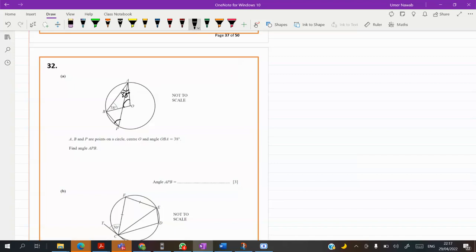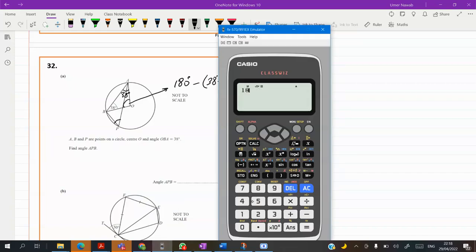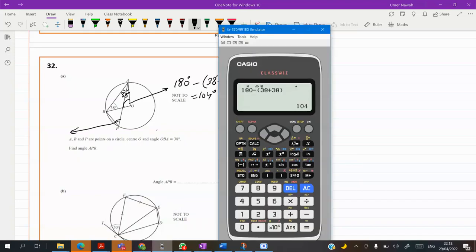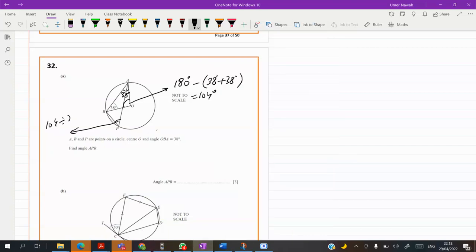So how can I do this? 180 minus the sum of 38 and 38, 104. So the central angle is 104, and the angle on the circumference is half of that. 104 divided by 2 is 52.